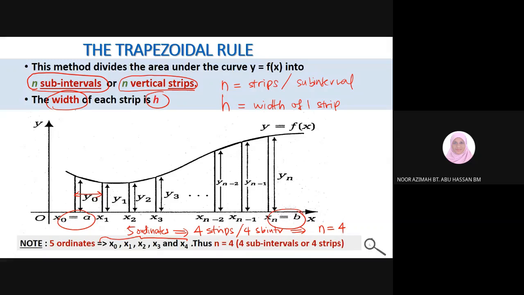How is this true? Let me elaborate. So 5 ordinates, from x0 to x4 tadi. So saya bahagikan kepada 4 kawasan lah. So ni x1, x2, x3, x4. So ada berapa strip sebenarnya? Ada 4 je lah strip.